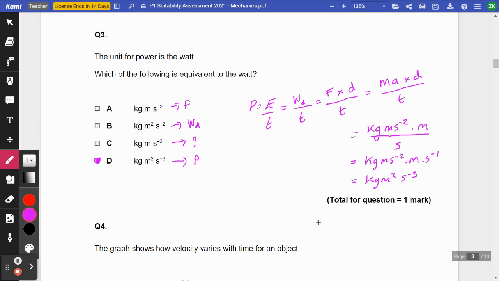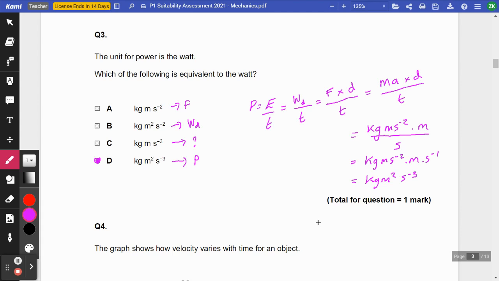So mass we know is kilograms, acceleration we know is meters per second squared, distance we know is meters, time we know is seconds. So I replaced all of them in their correct place, and seconds at the bottom of the fraction, so therefore bring it up, that becomes s to the minus 1. So it's kilograms, meters times meters, which is meters squared.